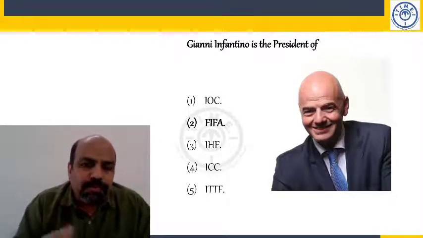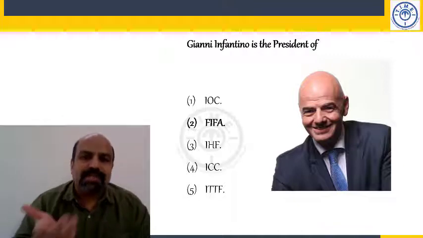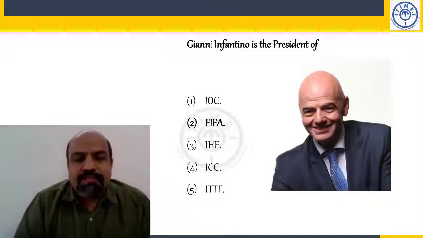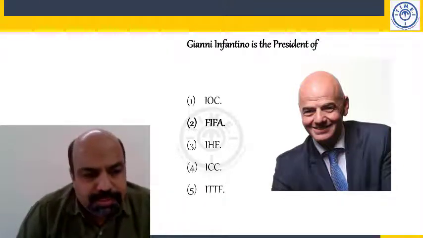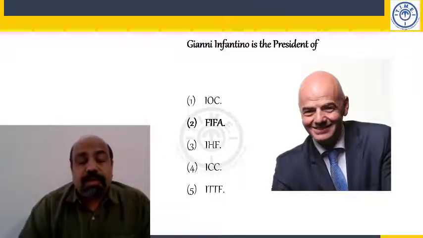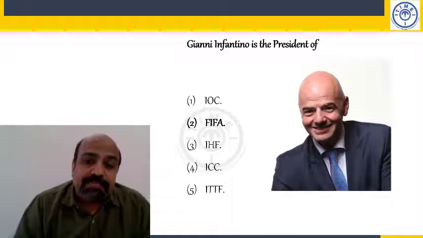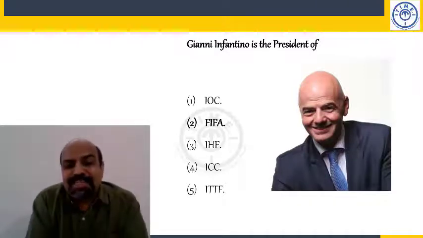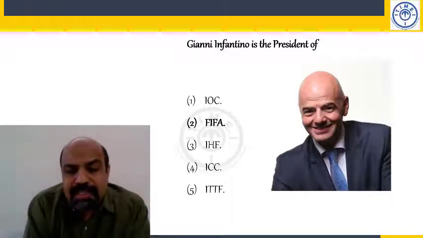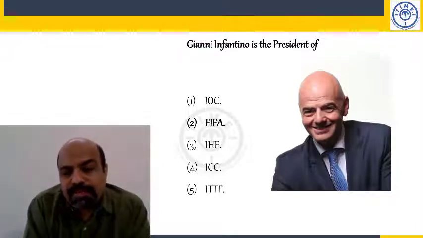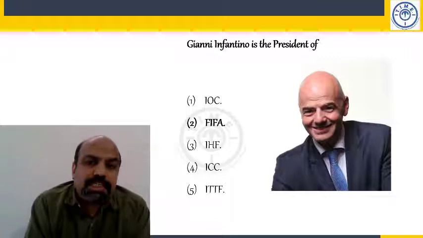This is a French full form, Federation Internationale de Football Association. So you don't write that, you write the English one.